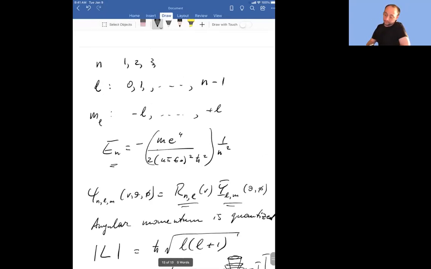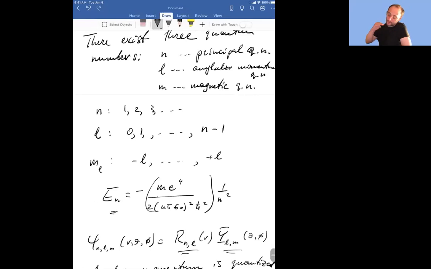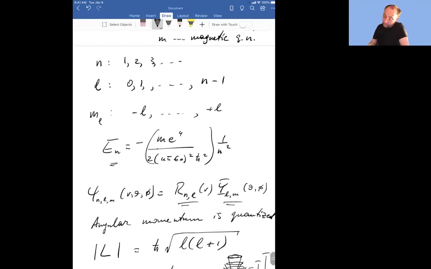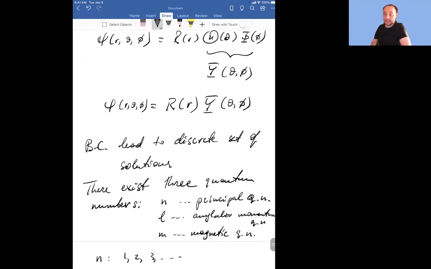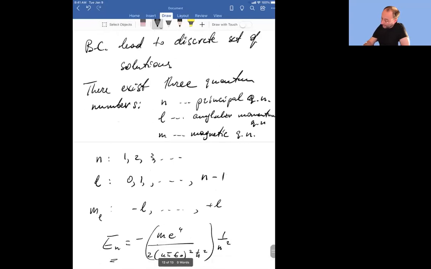So you have these three quantum numbers that enumerate possible sets of wave functions and possible energies. So you have a discrete set of solutions, and ultimately discreteness is necessitated by applying boundary conditions like in all the other problems that we've seen so far.